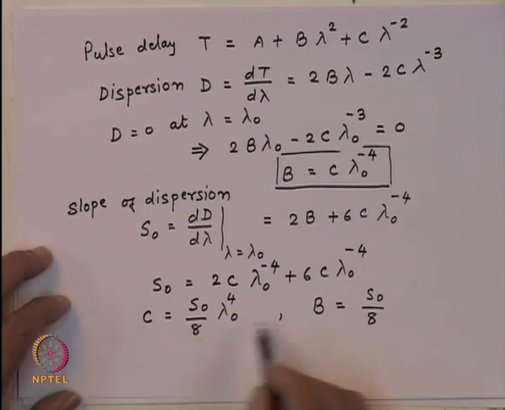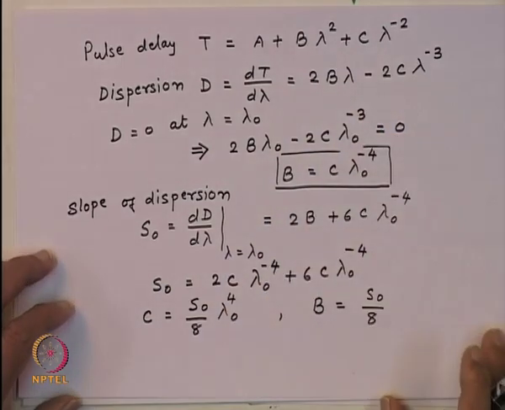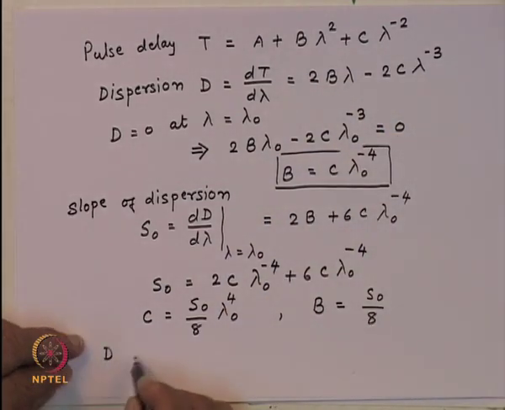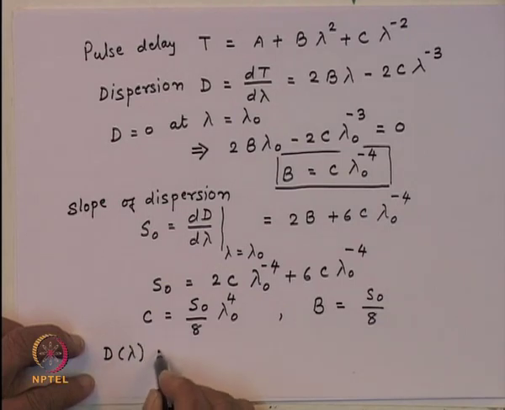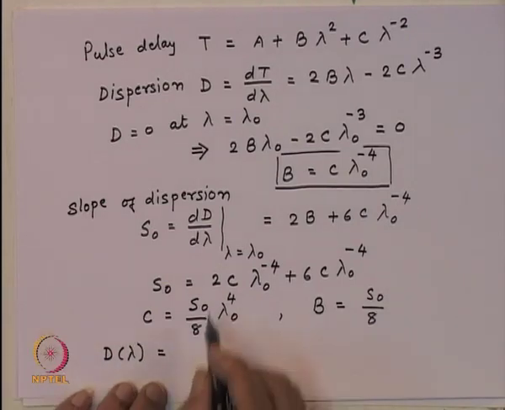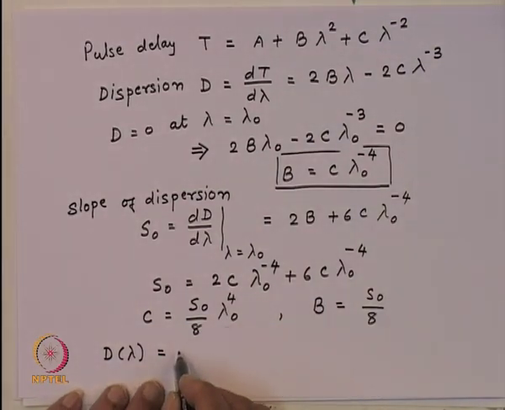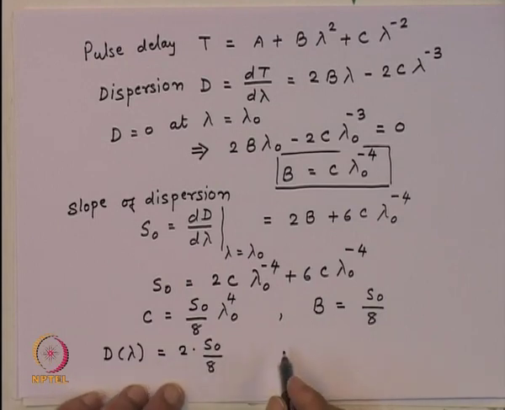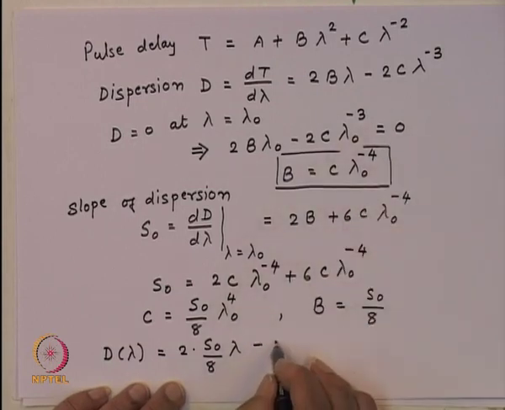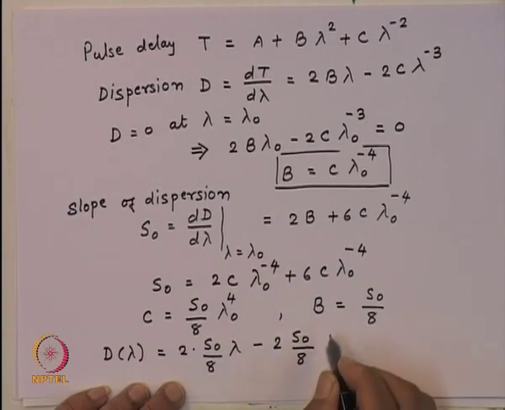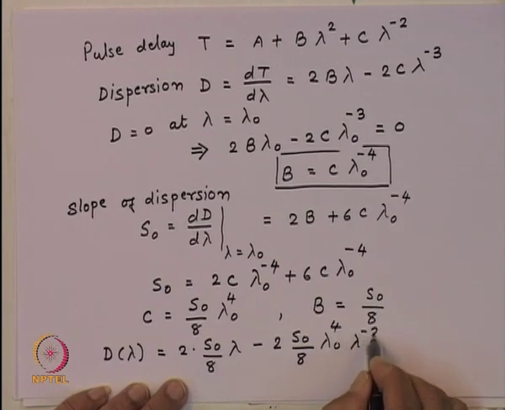Then I can take this value of b and c and substitute into the expression for the dispersion. So, we get the dispersion D as a function of lambda, that is equal to 2 b into lambda. So, this is 2 S naught upon 8 into lambda minus 2 c, which is S naught upon 8 lambda 0 to the power 4, lambda to the power minus 3.